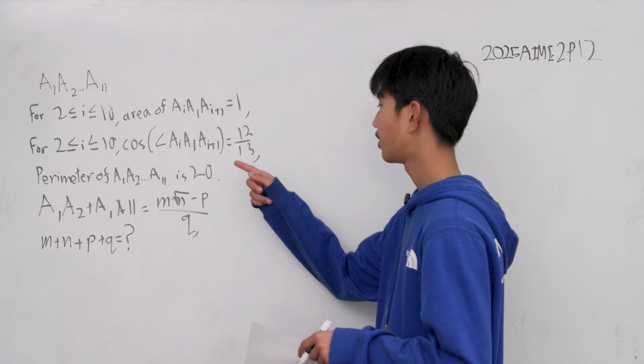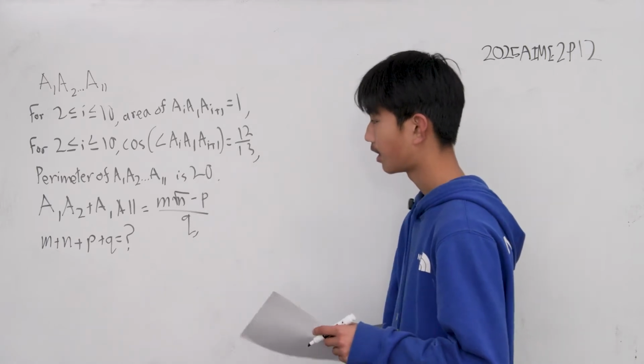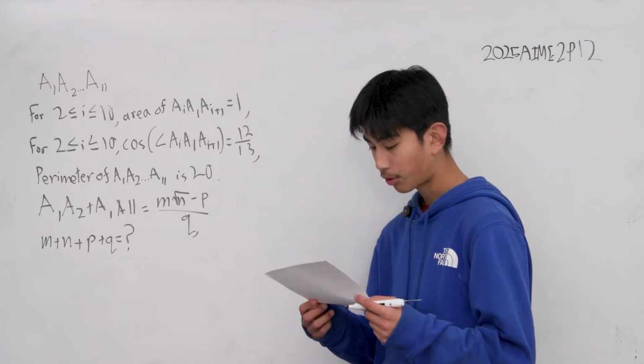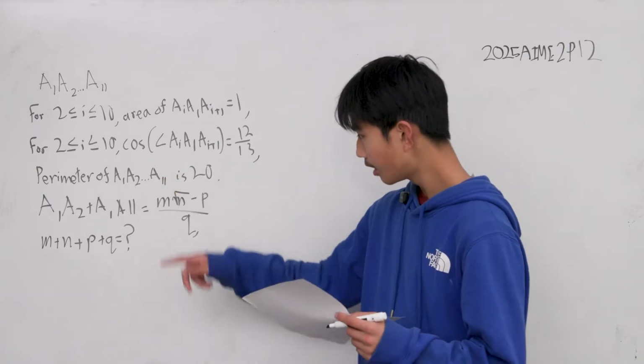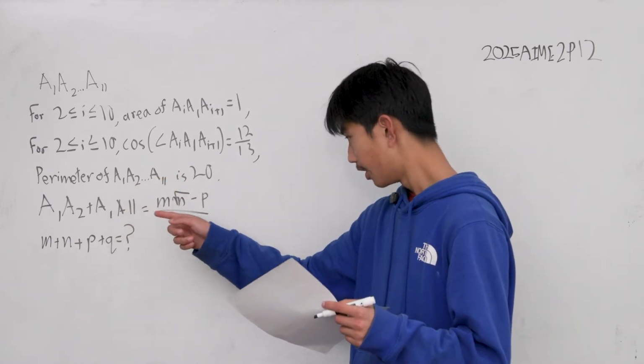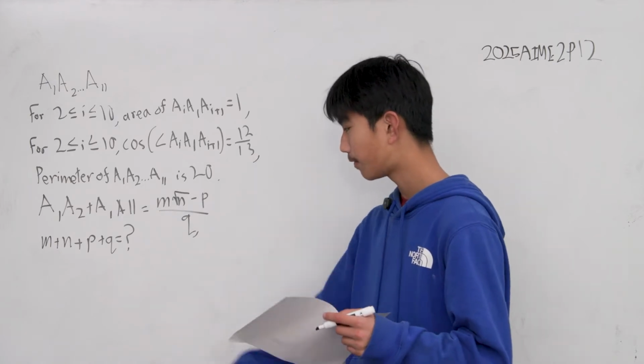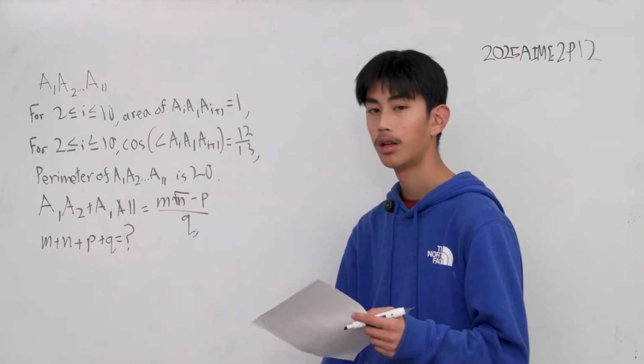For every integer i greater than or equal to 2 and less than or equal to 10, the cosine of this angle is equal to 12 over 13, and we know that the perimeter of this 11-gon is always 20. This sum basically simplifies to this, and we want to solve this right here.